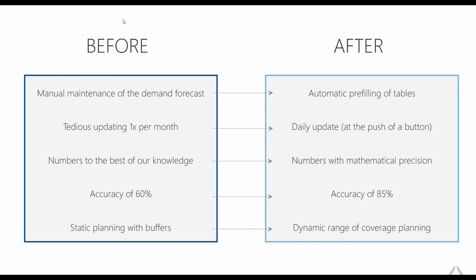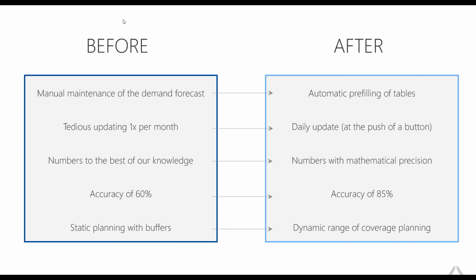And since you can update these tables every day, you can switch from a static planning to a dynamic planning of the coverage over the next week, for instance, or for the next 2 days, or whatever the appropriate range is, for example.